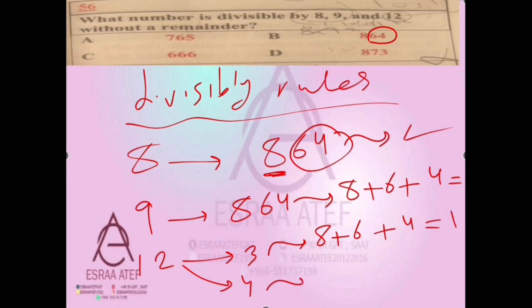For 4, I will look only at the final two digits. 64 can be divided by 4, so I can take it. So the only number that can be divided by 8 and 9 and 12 without remainder is 864.